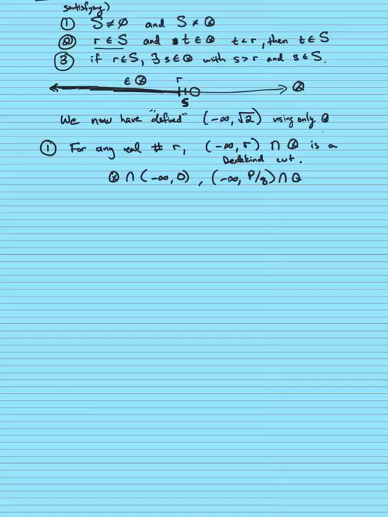So a non-example would be just the closed interval, negative infinity to p over q, for any rational number, okay? So this satisfies 1 and 2, okay, but not 3.